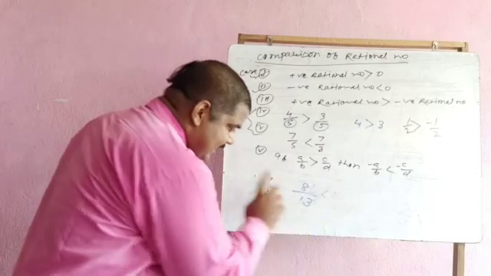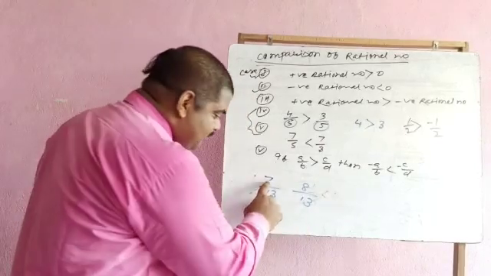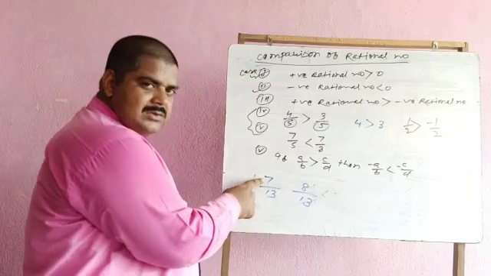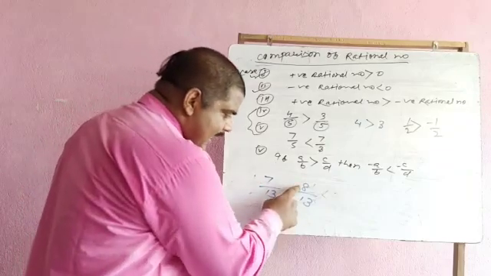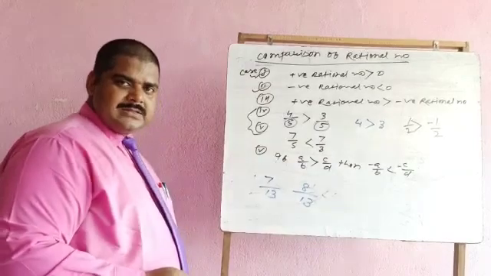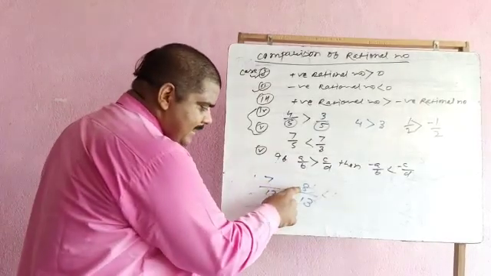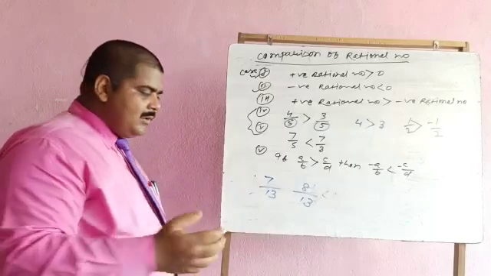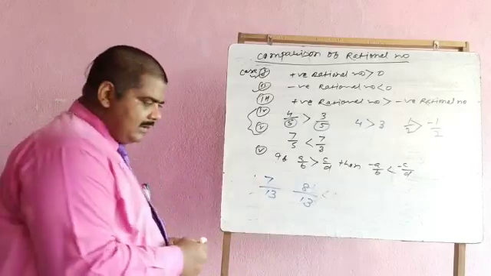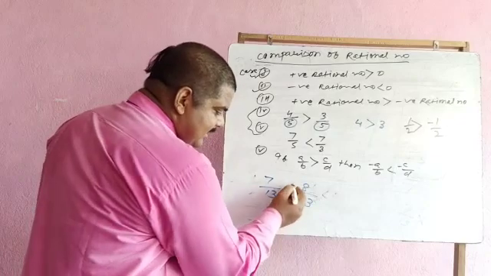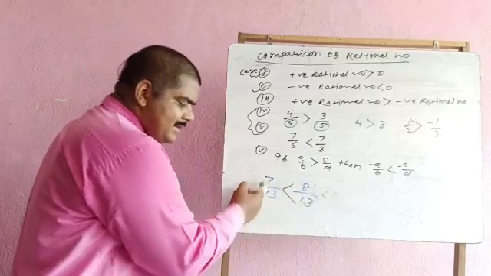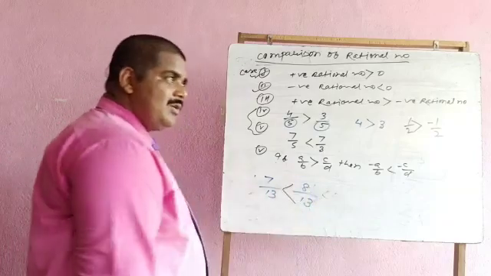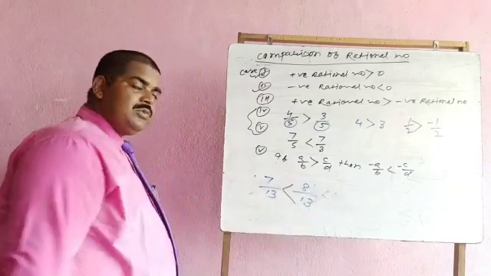If denominators are equal, then you have to compare the numerators. 7 upon 13 has 7 as numerator, 8 upon 13 has 8 as numerator. 8 is greater than 7. The rational whose numerator is greater is greater. That means 8 upon 13 is greater than 7 upon 13, because 8 is greater than 7.